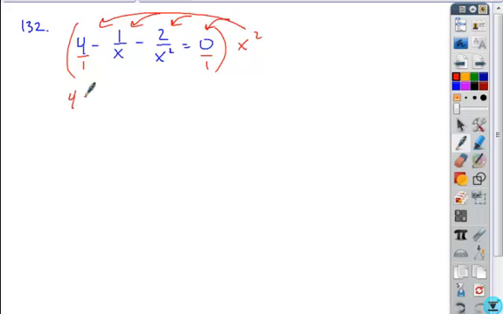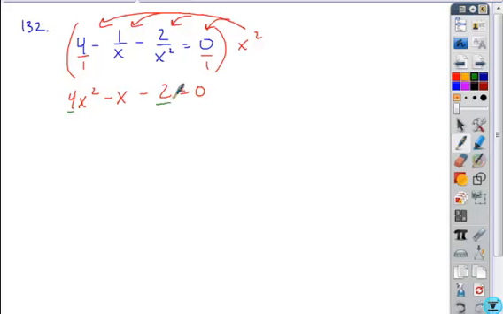And if I do, I wind up with 4x squared minus x minus 2 is equal to 0. And then I'm going to look to factor this. Okay, when I look to factor this here, I can either do completing the square, or I can look to rewrite the middle term.